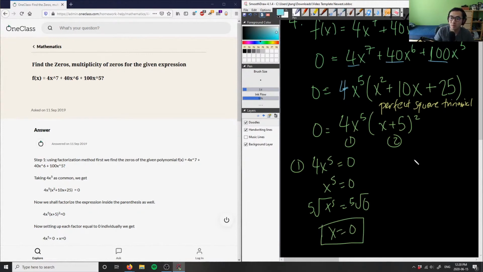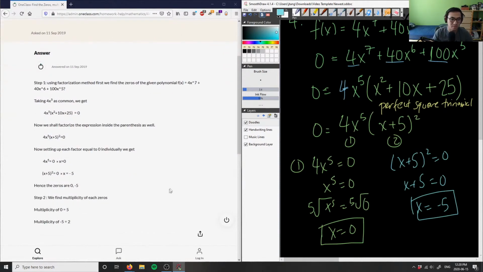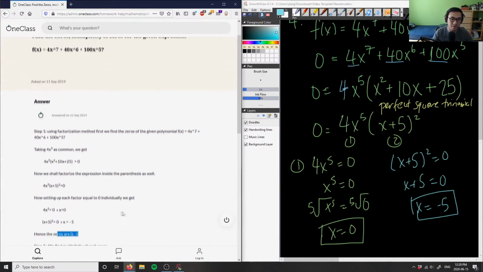And then for this one, if I set x plus 5 squared equals 0, I can square root both sides, so I get x plus 5 equals 0, and then I can simply subtract 5 from both sides, so x equals negative 5. So as you can see, the zeros are 0 and negative 5, which is great.